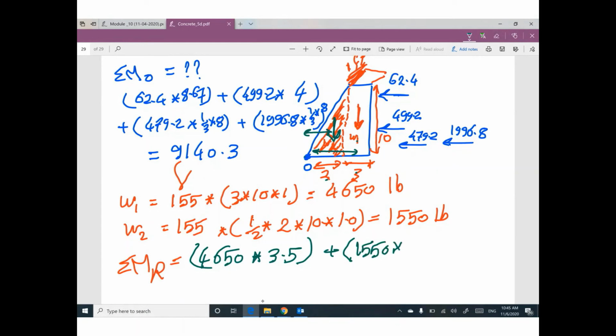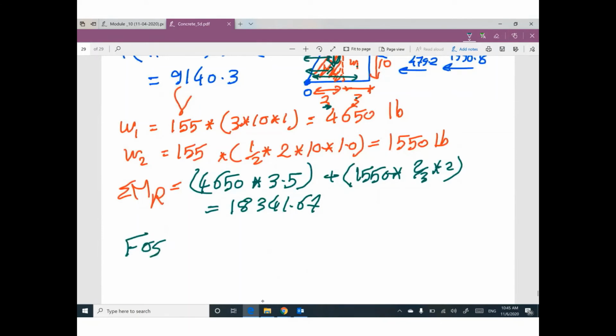What is the distance between this weight and point O? It is 2/3 of 2. So the value will be 18,341.67.